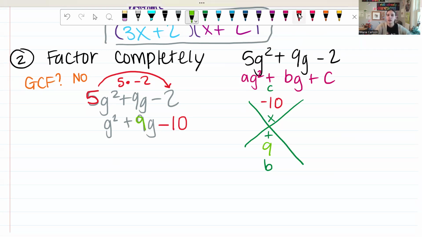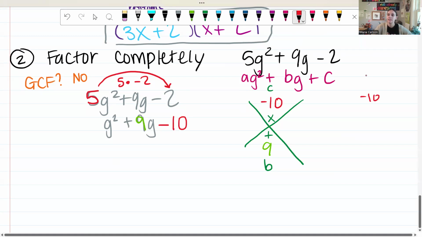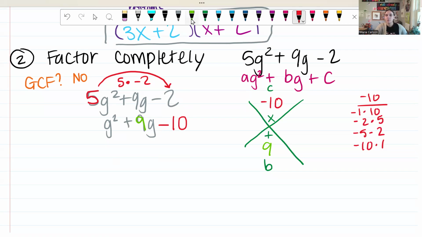So I want to find factors of -10 that add to 9. So factors of -10, we have -1 times 10, -2 times 5, and then -5 times 2 and -10 times 1. Which one will add to give me +9?